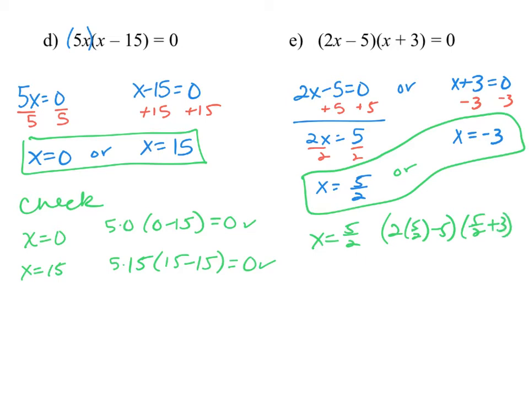And 2 times 5 halves is 5, and 5 minus 5 is 0, so that's going to be 0 times anything is going to be 0. So that is a solution. And we also check x is equal to negative 3, so that's going to be 2 times negative 3 minus 5 times negative 3 plus 3, and that's going to give us a negative 6 minus 5, or negative 11, times 0, which is equal to 0.